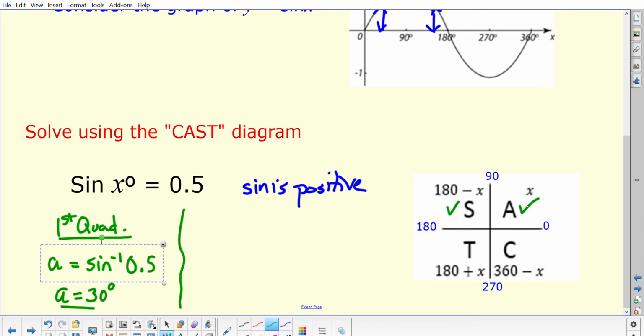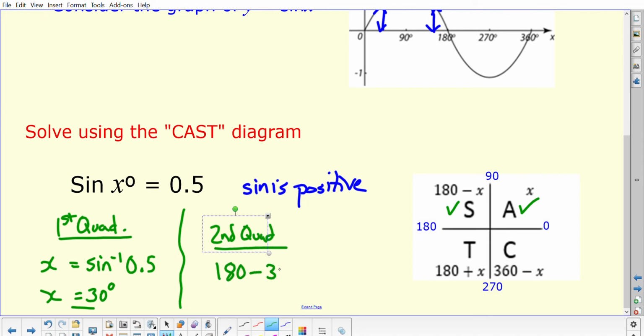So that's the first solution, but the next one, actually I'm going to change those to x's, so we can write down there that we're dealing with x's, so x equals and x equals, and to get the second quadrant angle, which is the one in the S box in here, you do 180 take away the 30, which gives you 150.